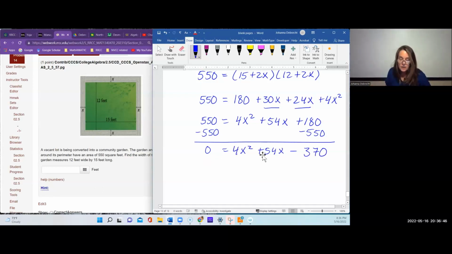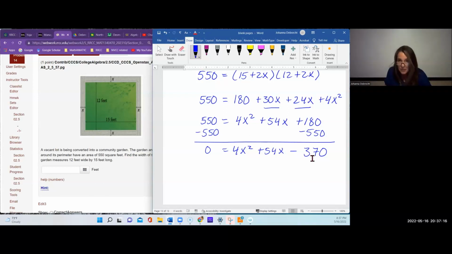Now we have a choice. Notice that all three of these terms are divisible by at least 2. In fact, they're divisible by 2, but not by 4. One thing I can do to make this easier to solve is to divide all the terms by 2. It does change the equation, but it does not change the solutions because I applied the same process to both sides of the equation and because I'm not dividing by the variable.